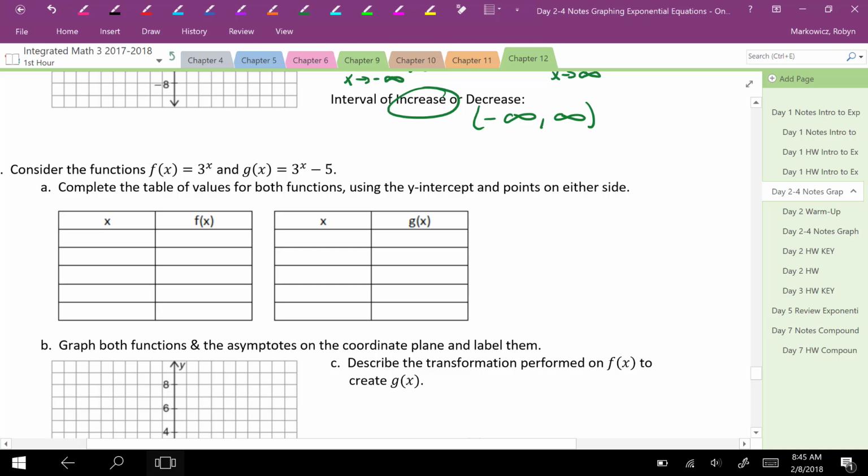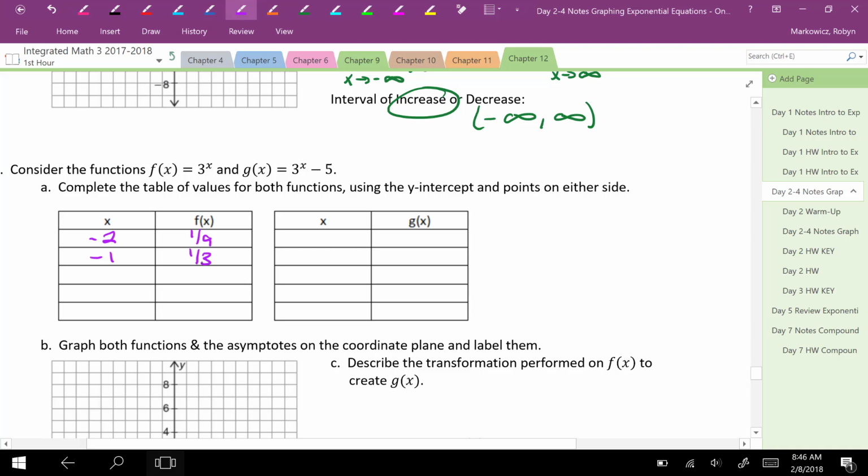Let's find out. I would say we probably want to use the same x values from our original function, 3 to the x, from above. So remind me, what were those x values? We had -2, what? Look at your table up above. -1 was 1/3.